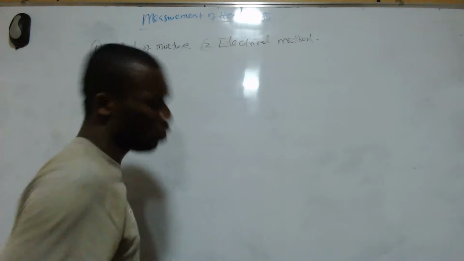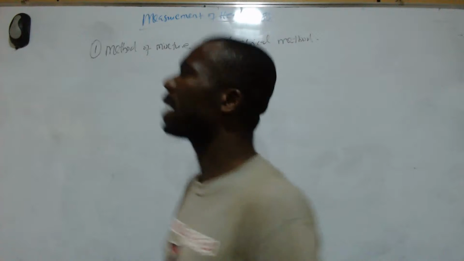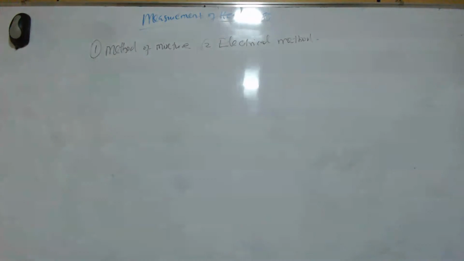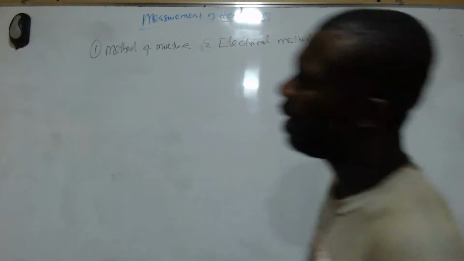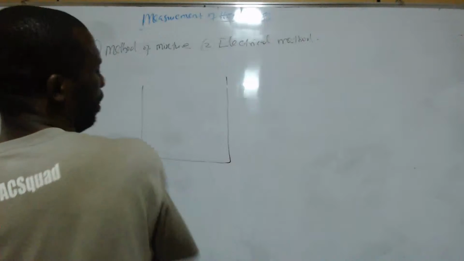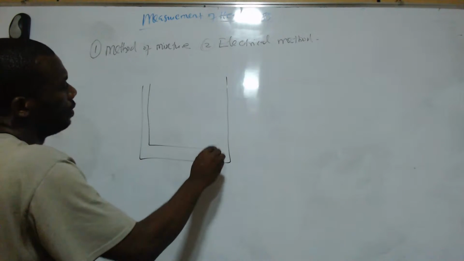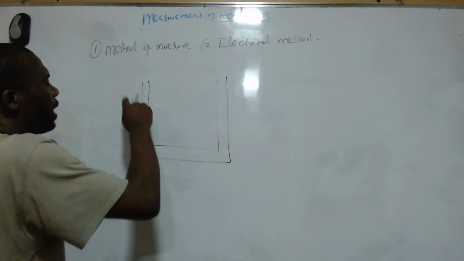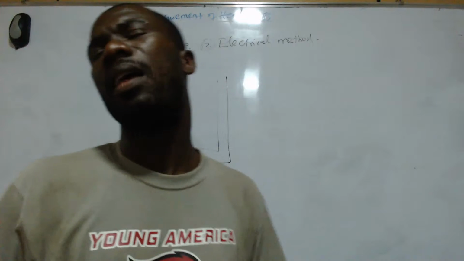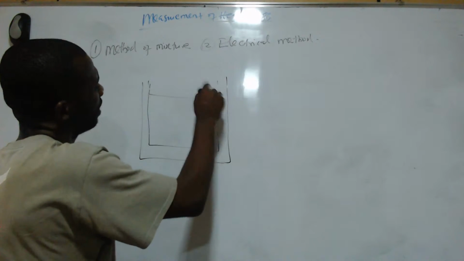Now, in the method of mixture, hot materials are transferred to cold material inside a calorimeter. Let's say this is a calorimeter. The calorimeter is used to measure the quantity of heat in this material. We have this calorimeter, then we have a substance here.